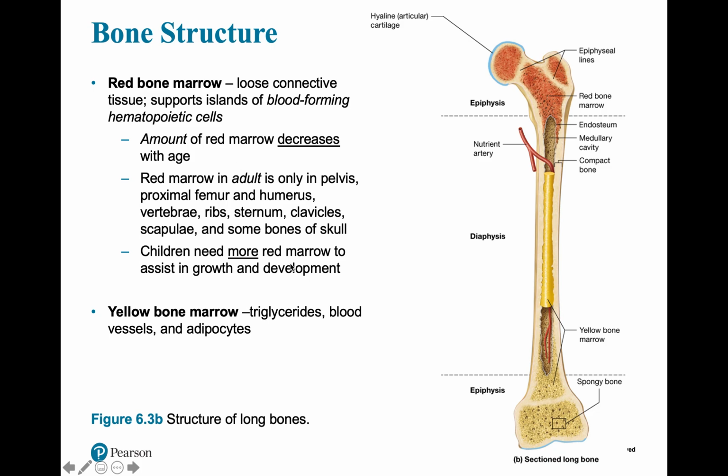Remember, red bone marrow is a specialized type of connective tissue. It contains hematopoietic cells. Hematopoiesis is the formation of blood cells. I already mentioned this, but the amount of red bone marrow decreases with age, because as we age we're not rapidly growing anymore like children do.